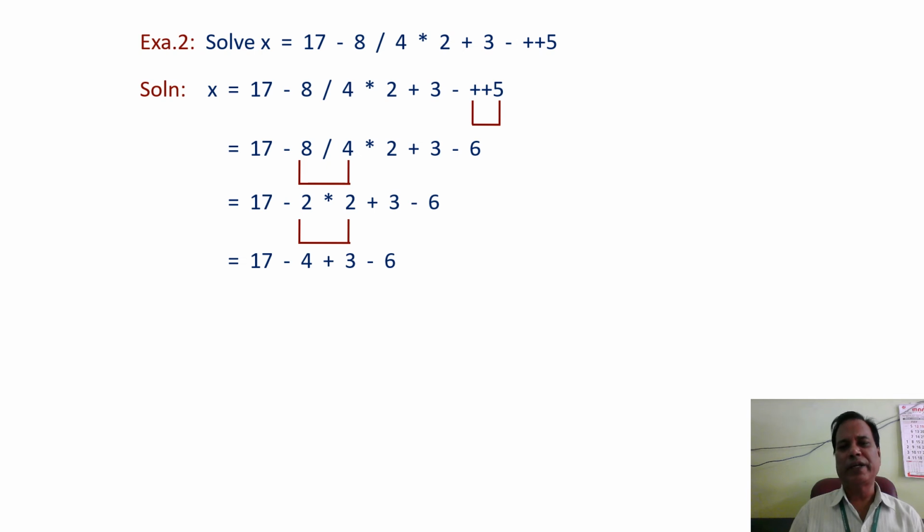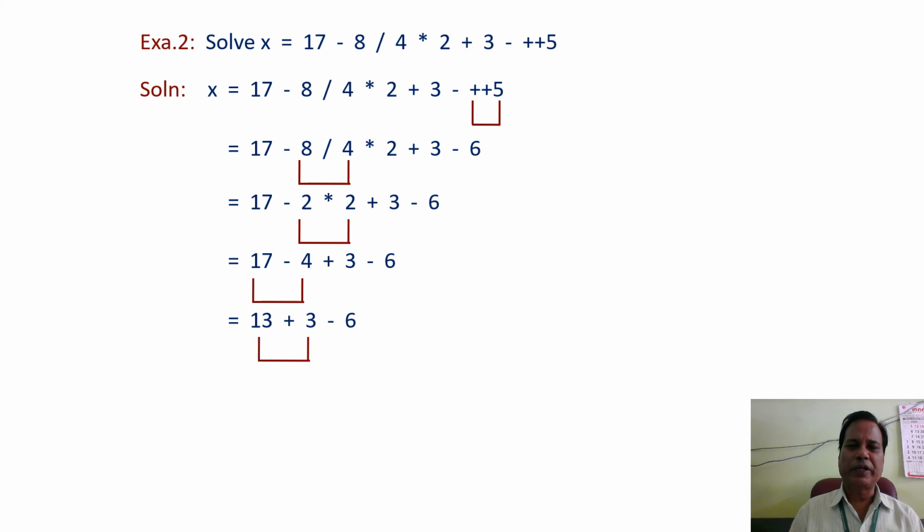Now in the resulting expression, subtraction and addition operators are present and these operators have the same precedence. So we have to follow the rule of associativity. Then we first perform 17 minus 4 and this results in 13, then plus 3 minus 6.